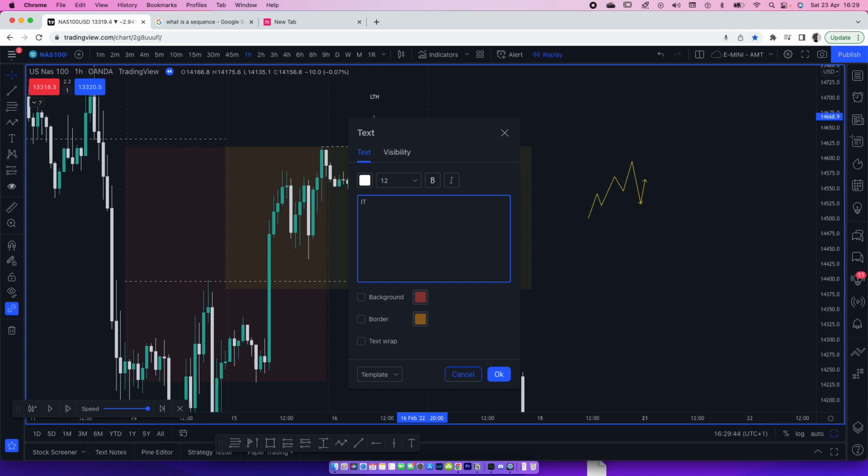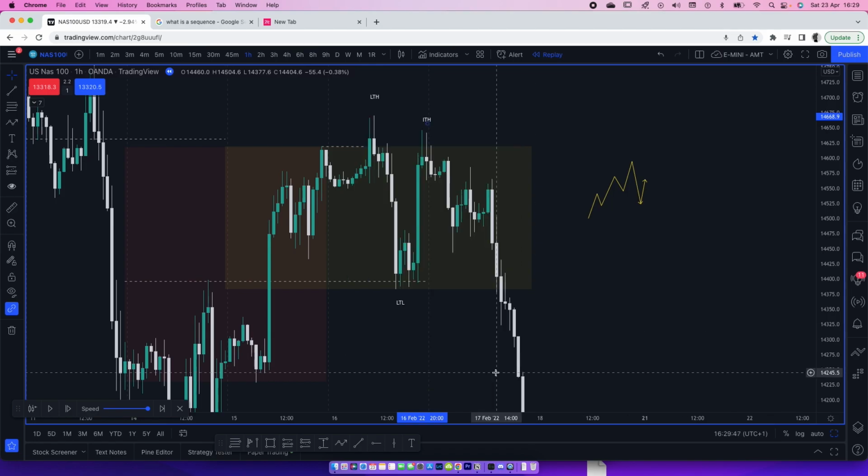Intermediate term high. Right there. This is your imbalance area that the market came back to grab and get down.